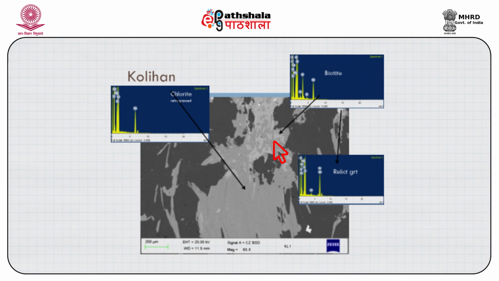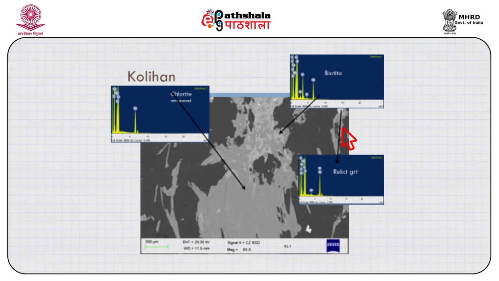And then at one corner of this figure we find that there is a relic garnet. So, it is not only that the biotite produced chlorite, there is a relic garnet, suggesting that the earlier peak assemblage was garnet and biotite together, which subsequently produced chlorite and muscovite.